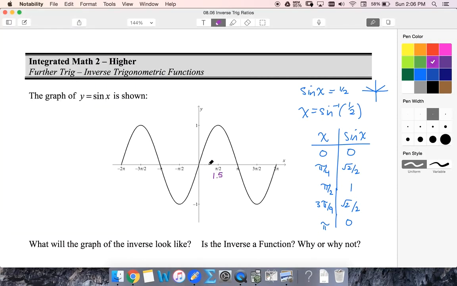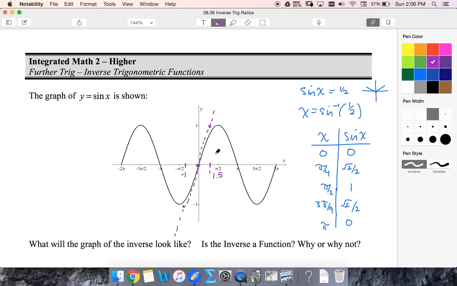Then 1 is going to be sort of around here, negative 1 sort of around here. We go through 0, 0. So here's our line of reflection, something like that.